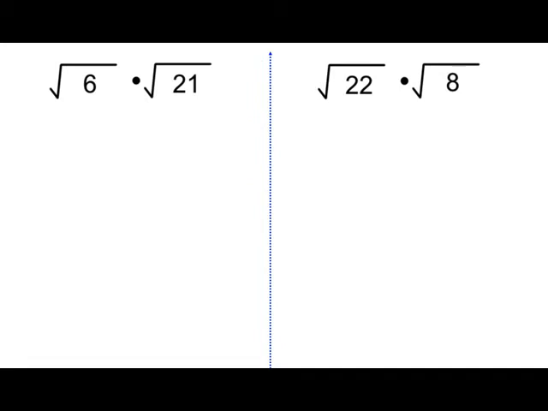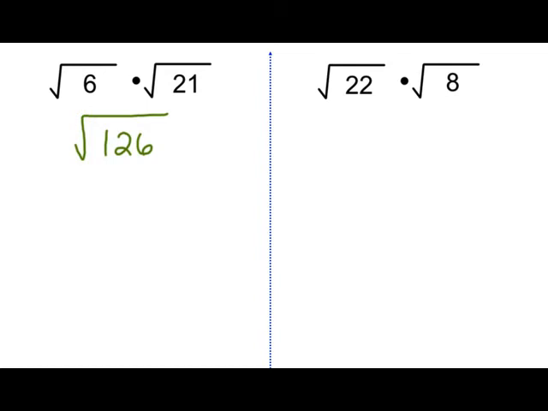So that is simplifying. Then from there, we went to actually condensing them together. Now I told you that you could try to reduce before you start, but the easiest way to go about doing this is to go ahead and multiply the numbers. The square root of 6 times the square root of 21 is the square root of 126. Well, I know 126 is divisible by 2. Is it divisible by 3? Yes, it is.